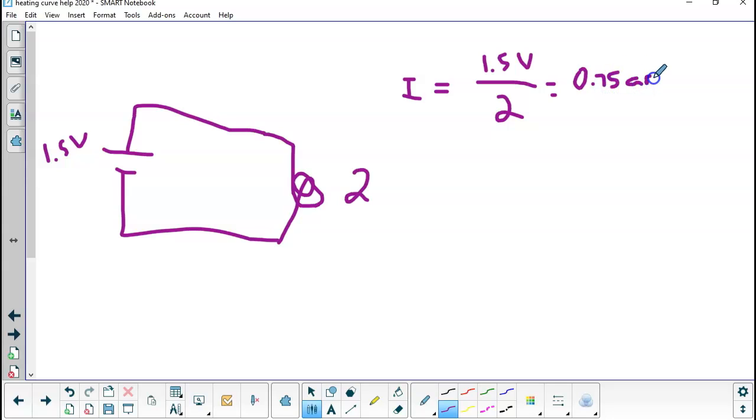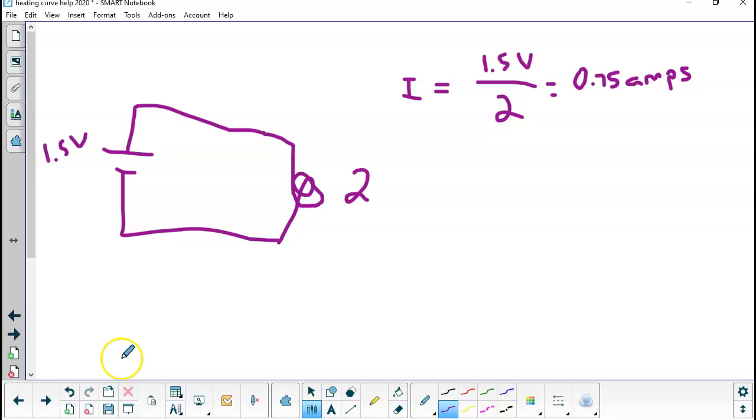Now this does not match any of the pictures I'm supposed to draw, so this is not a good answer. I would have to change something. So I can add batteries, I can use a different light bulb or add another light bulb, okay? So this picture doesn't work, but it gives you an idea of what you're doing, okay?